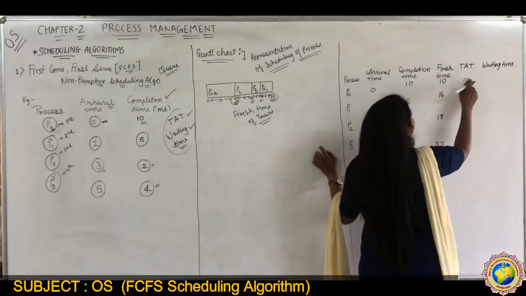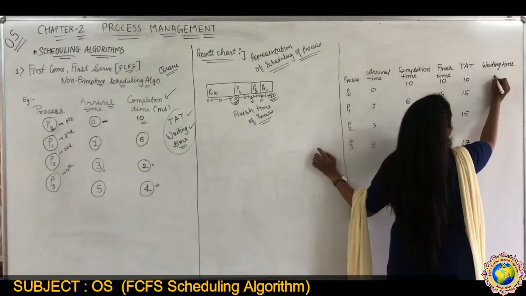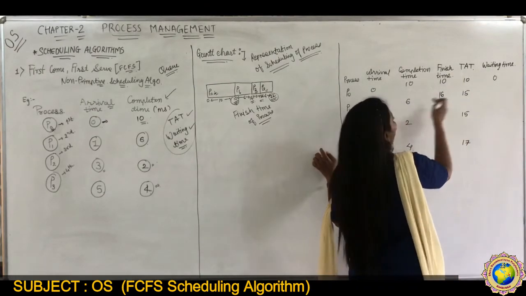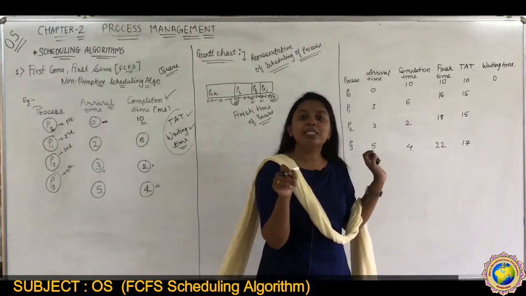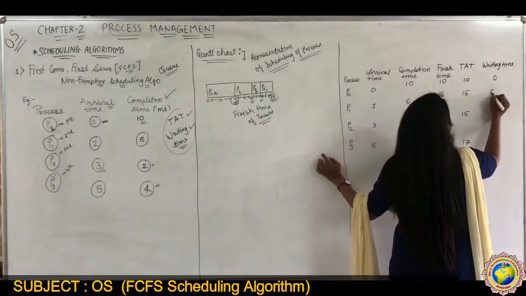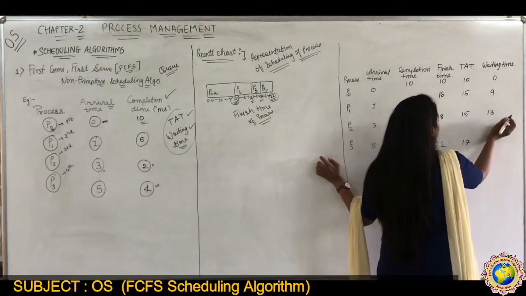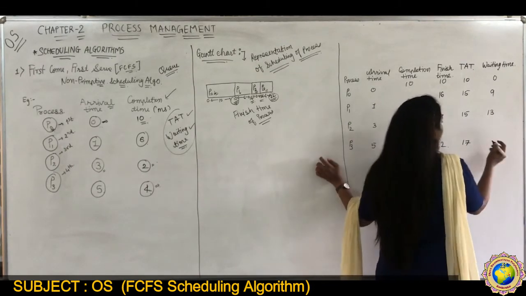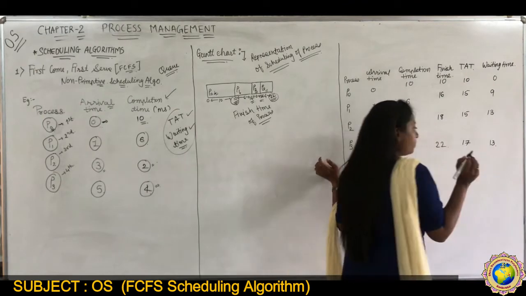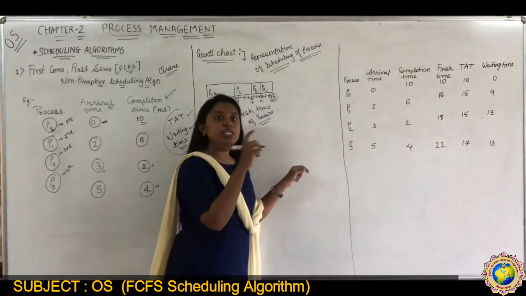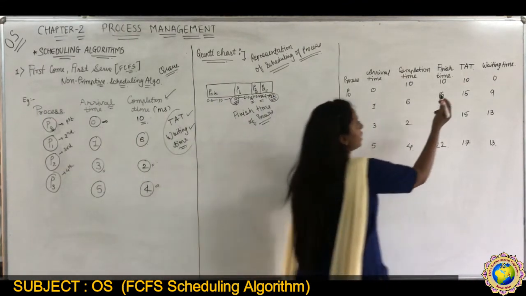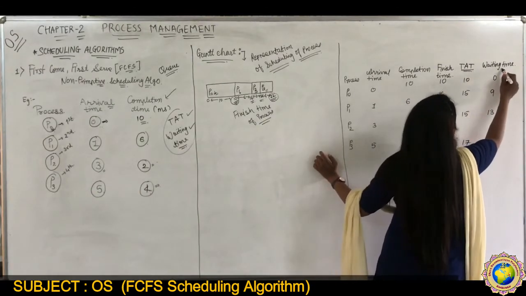So 10 minus 10 is 0. 15 minus 6 is 9. 15 minus 2 is 13. And 17 minus 4 is also 13. This is all about the turnaround time and waiting time.